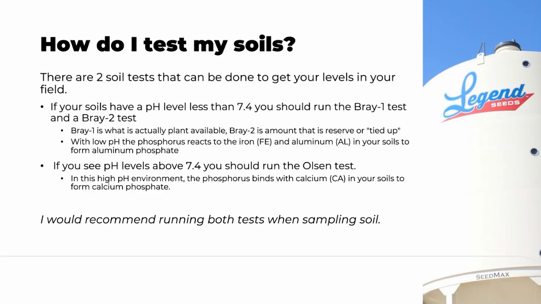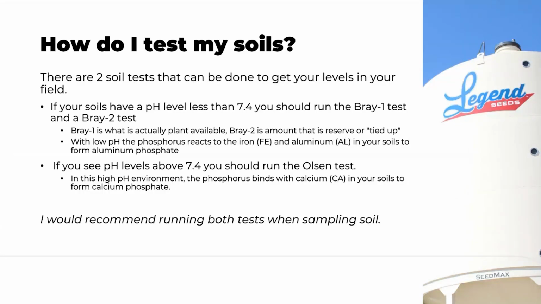Like this says, the Bray 1, when you do that test, is going to show you what's actually available for that plant to utilize. The Bray 2 is going to show you that reserve, or what's tied up in the soil. The pH affects that, so that's why we said the phosphorus reacts to the iron and aluminum in your soil to form aluminum phosphate. That's why it's tied up, and you can't utilize it.